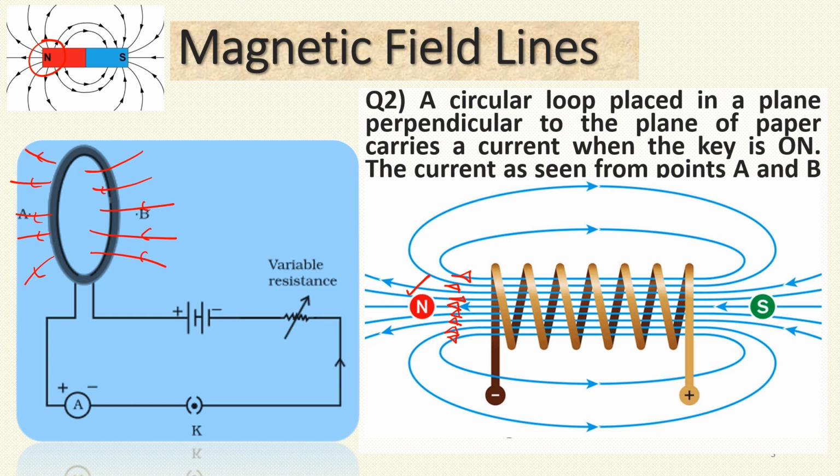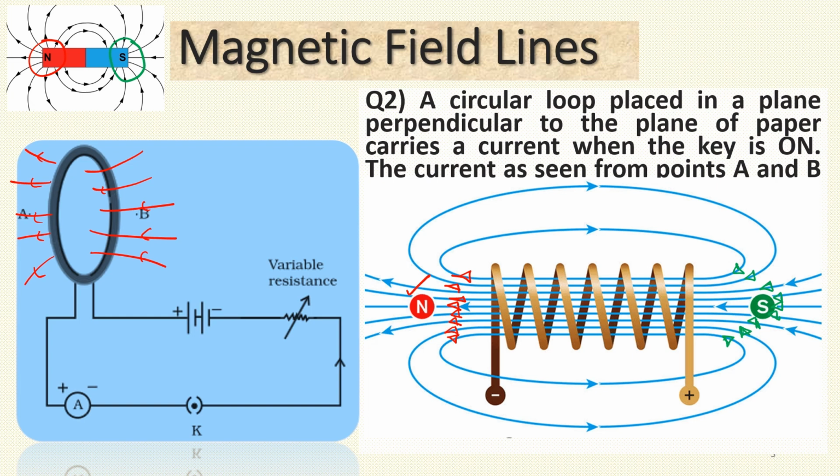Now let's see the other end, in which the magnetic field lines are coming into the solenoid. This is the end through which the magnetic field lines are coming into the solenoid. Hence, if you compare it with the bar magnet, magnetic field lines coming into the solenoid will act as the south pole. So a solenoid acts like a bar magnet made up of many turns. Here we have just one turn or one loop.